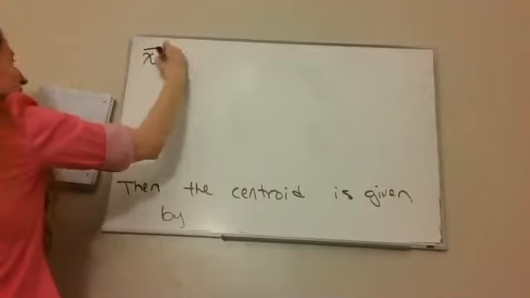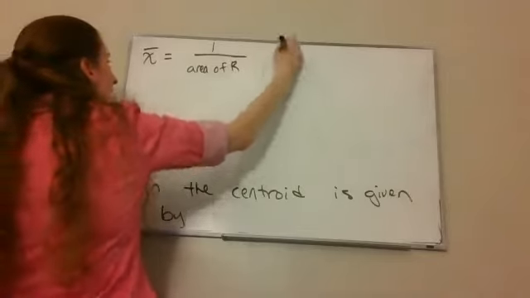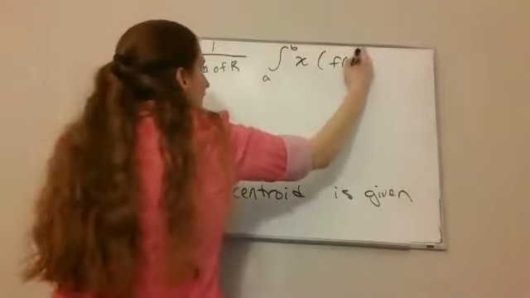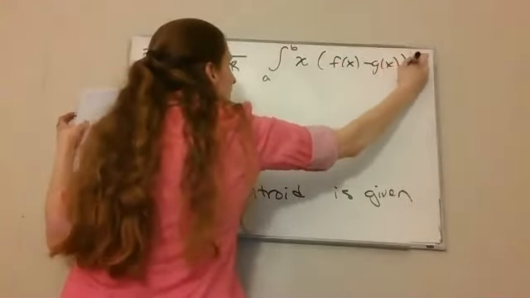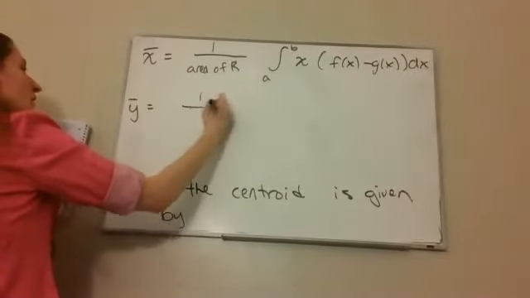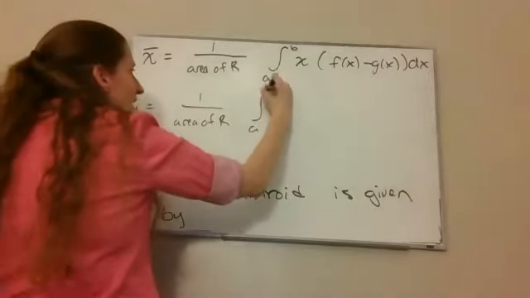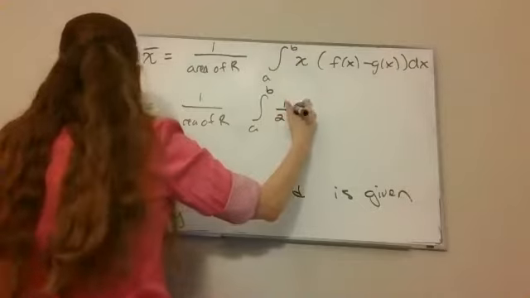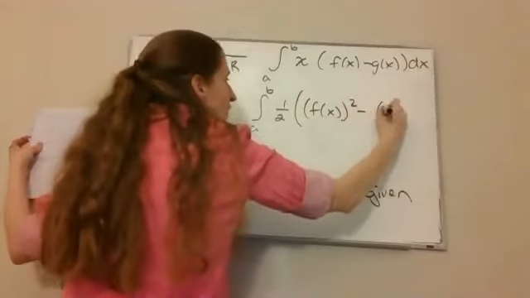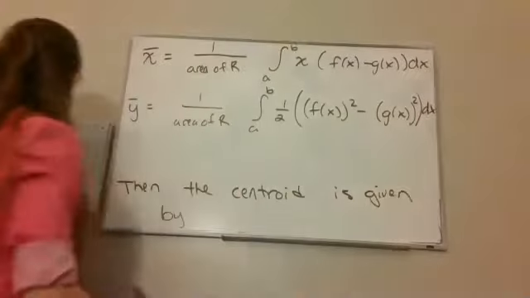My x bar is 1 over the area, integral from a to b of x times f of x minus g of x dx. And the y bar is 1 over the area of R, integral from a to b of 1/2 times f of x squared minus g of x squared dx.